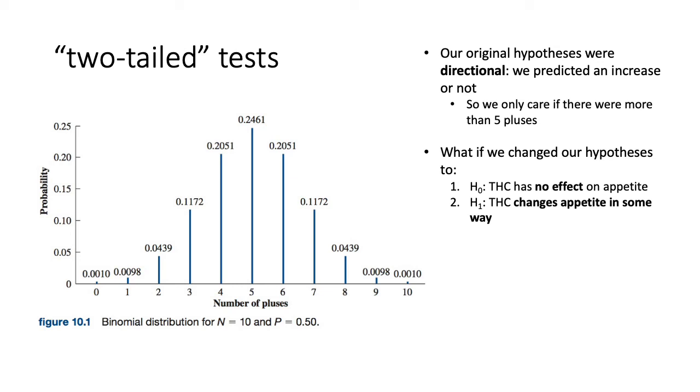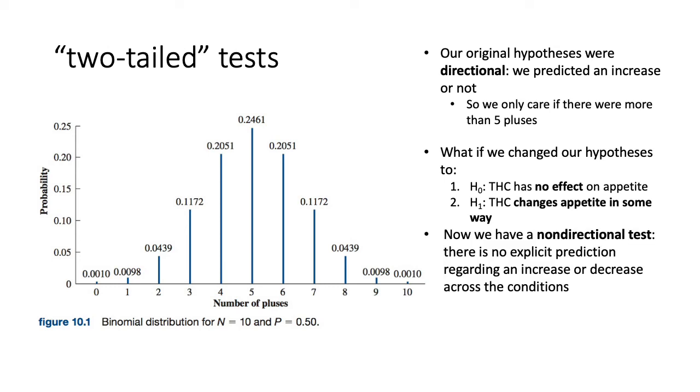Does it make it go up? Does it make it go down? This is what we call a non-directional test because we're not making a prediction here that we would expect a large number of people to go up or a large number of people to go down. We're just saying, well, we think something will happen such that it won't be a 50-50 split.